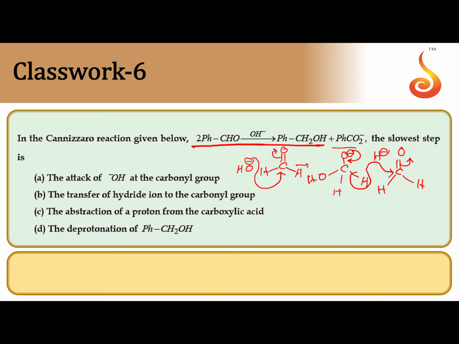The transfer of hydride involves breaking of the CH bond, formation of a new bond between O and C, breaking of the CO pi bond in the next molecule, and formation of a new bond between H minus and the carbonyl carbon. Since breaking of two bonds and formation of two bonds is involved, this is the slowest step of the entire reaction. That's why it is the rate determining step. So the transfer of hydride ion to the carbonyl group is the rate determining step.